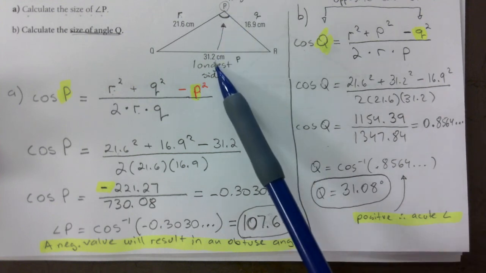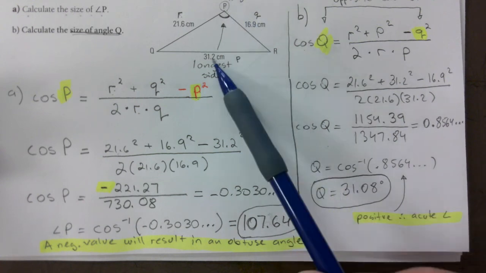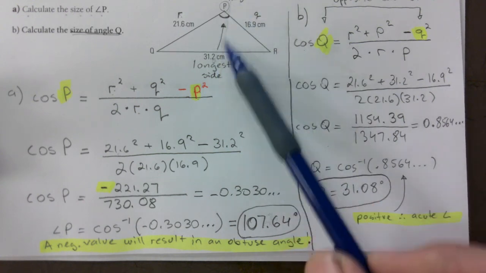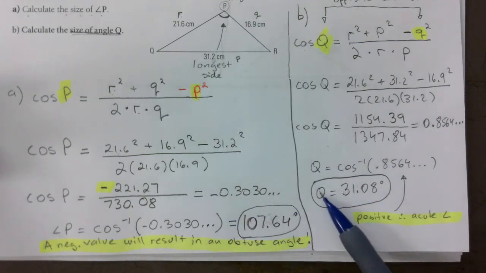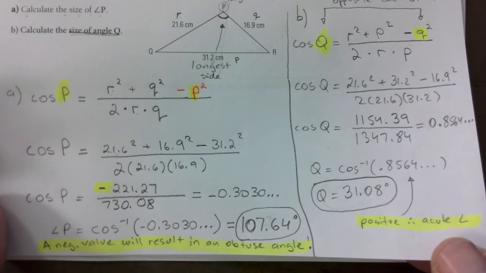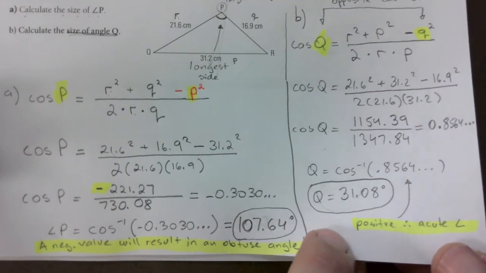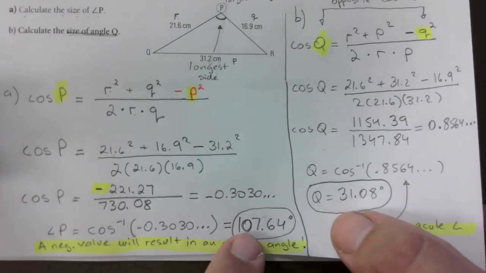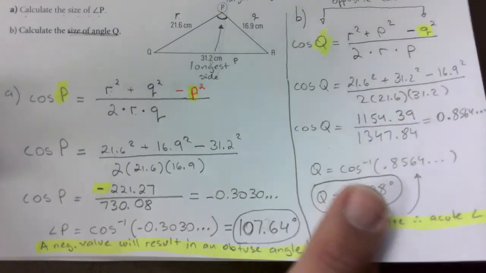So you could transition over to sine law if you wanted to, because now you have a pair, you could use sine law to find Q. But it's up to you how you want to proceed, right? We could also easily now find the third angle because we have 2 out of the 3. But that would not fit right now.